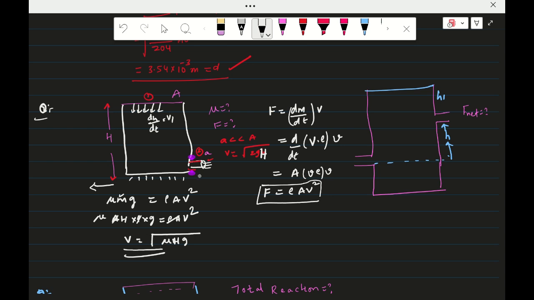Now instead of one hole at the bottom, there are two holes like this. These two holes have velocity v2 and here the velocity is v1. So the net force will be the resultant, linear.